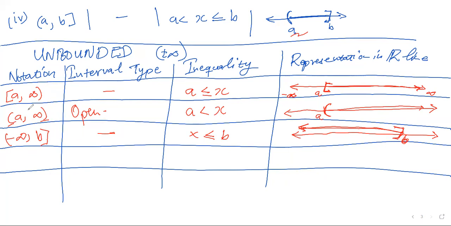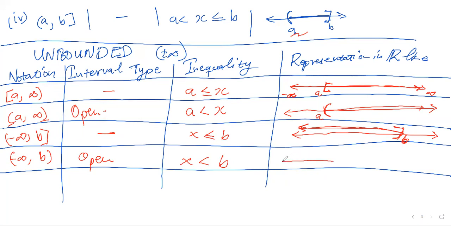So the next one is going to look like this one, but having negative infinity to B all open. So this one is strictly an open interval. The representation is X is smaller than B, strictly with no equal sign.